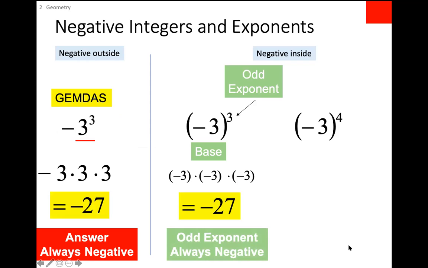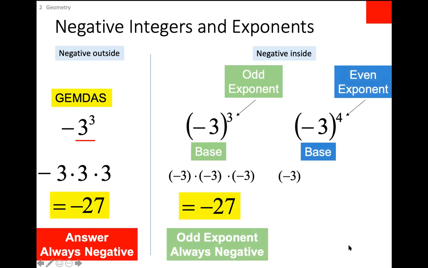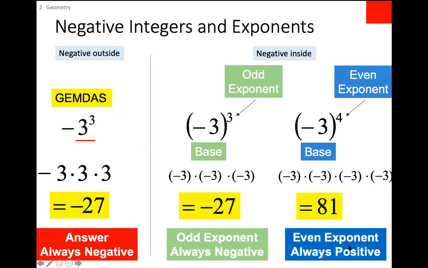The only time you get a positive answer is when the power on the outside of the parentheses is an even number. Why? Well, because you have an even number of negative numbers being multiplied together. When you have an even number, they pair up and they become positive. So bottom line, this is a pretty busy slide, but this is something that most times you're doing all in your head. You've got to be careful.